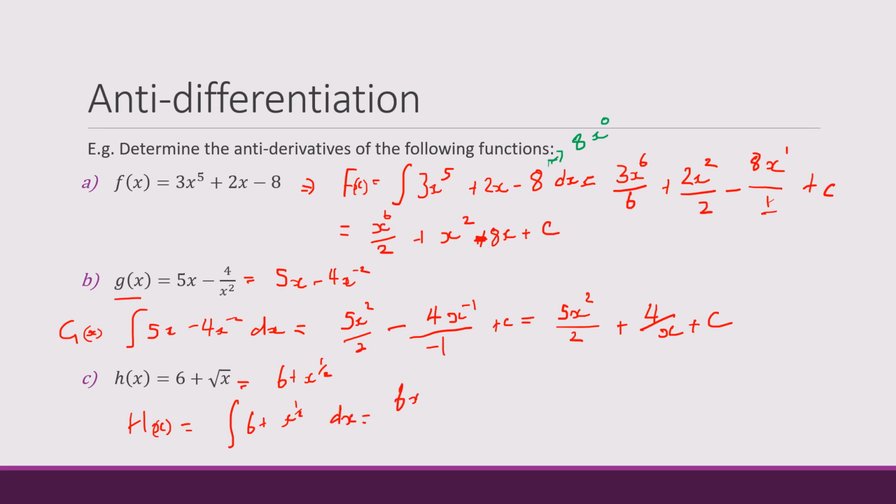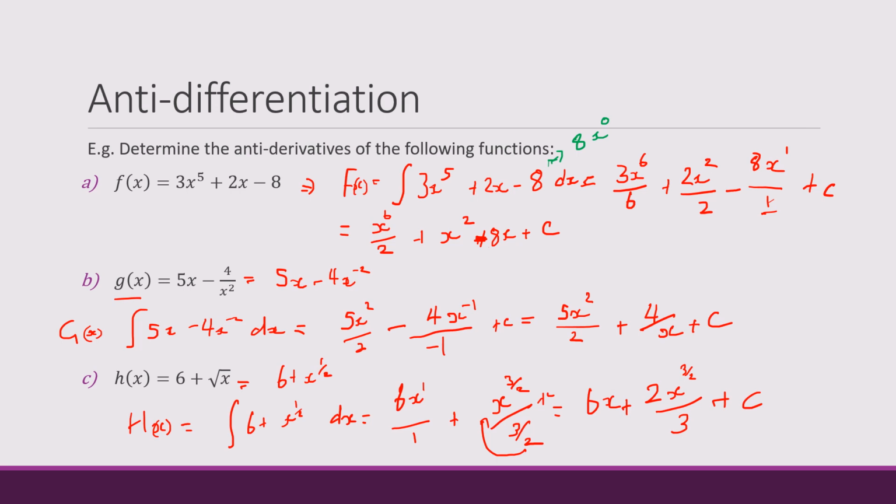So that'll be 6x to the 1 over 1, plus, now 1 plus a half will be 1.5, or 3 on 2, so x to the 3 on 2 over 3 on 2. So that'll just become 6x. And then my denominator in a denominator can come to the top. So plus 2x to the 3 on 2 over 3. Can't forget my constant of integration, plus c either.